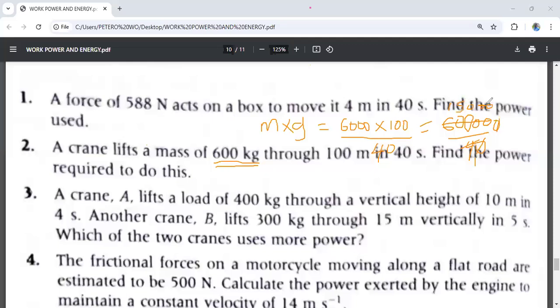That's why we are getting 15,000. So you please correct that.